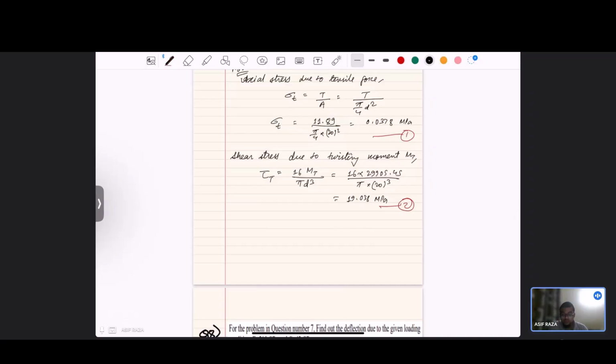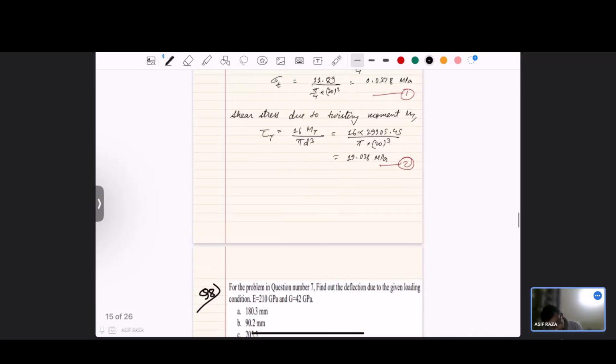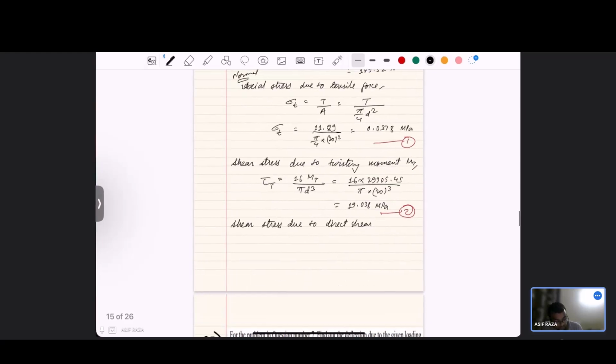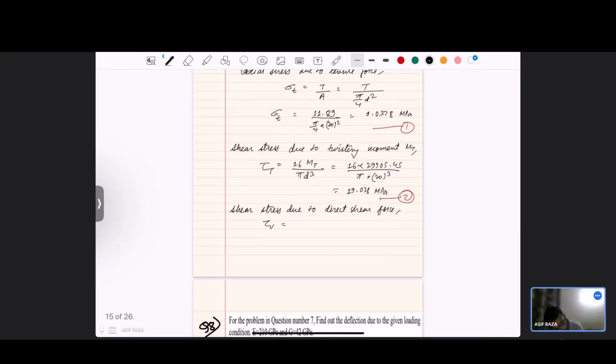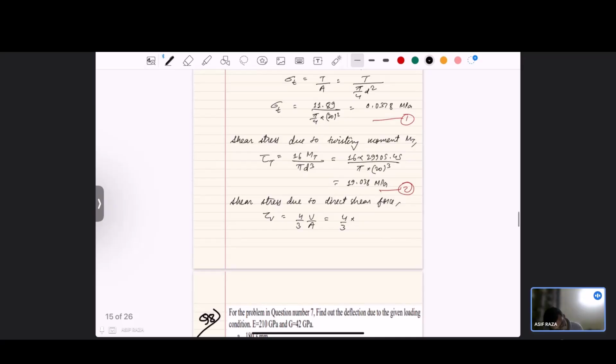So now the shear stress due to direct shear, or this transverse shear force, we can write it as tau V, and that would be equal to 4 by 3 V by A. So 4 by 3 V, that is 149.52, A is pi by 4 D square, that is 20 square.